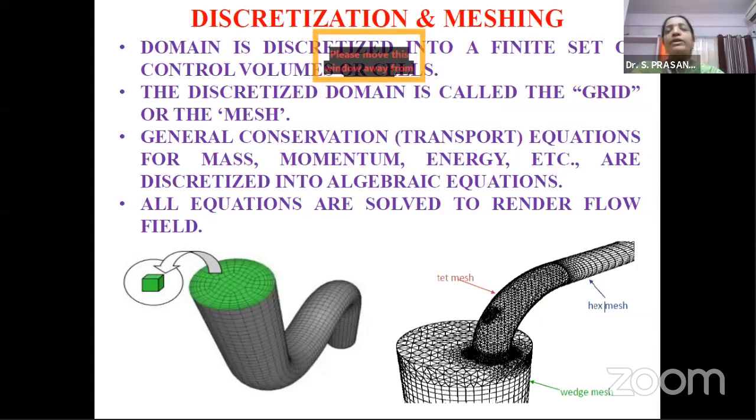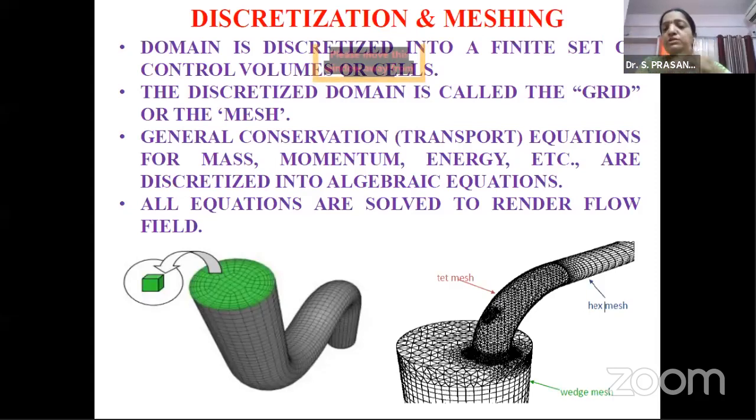One more point: when you want accurate results, it was observed from my experience that your mesh size should be as small as possible. In the complete domain you can see here, this is a coarser mesh and this is a finer mesh. Wherever your area of interest is, you can make it a fine mesh.